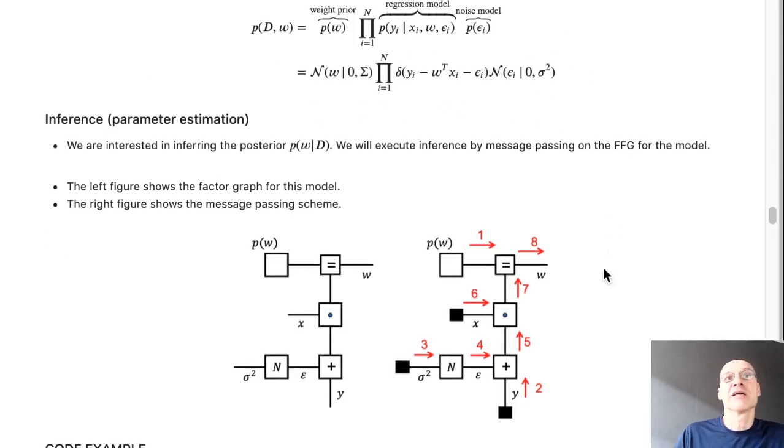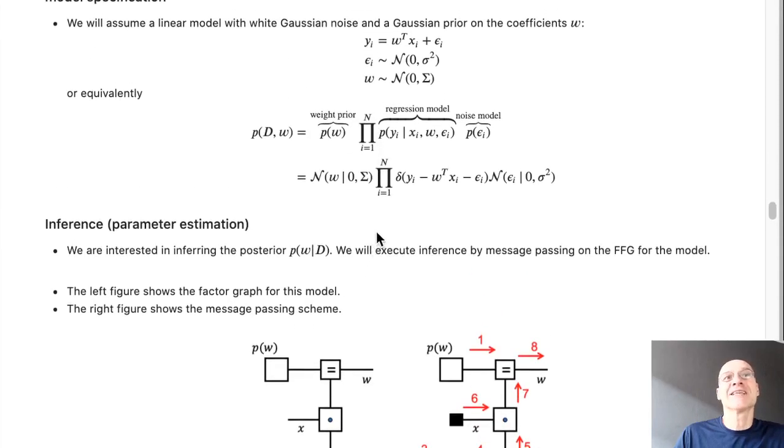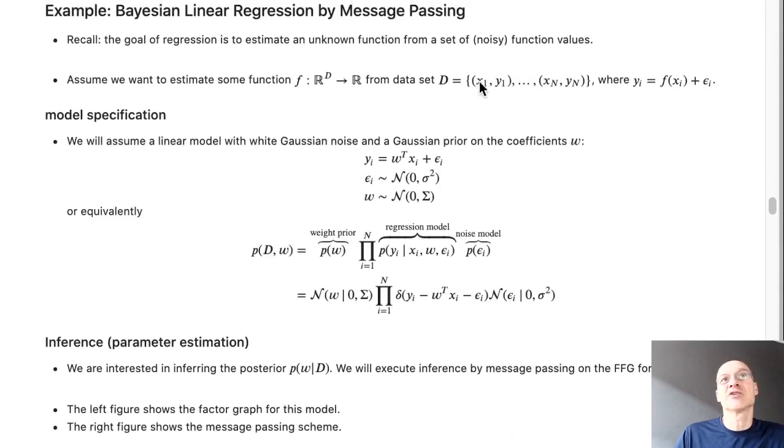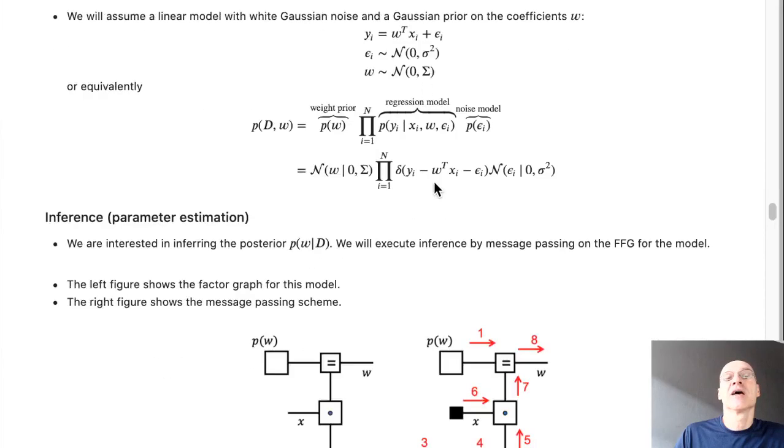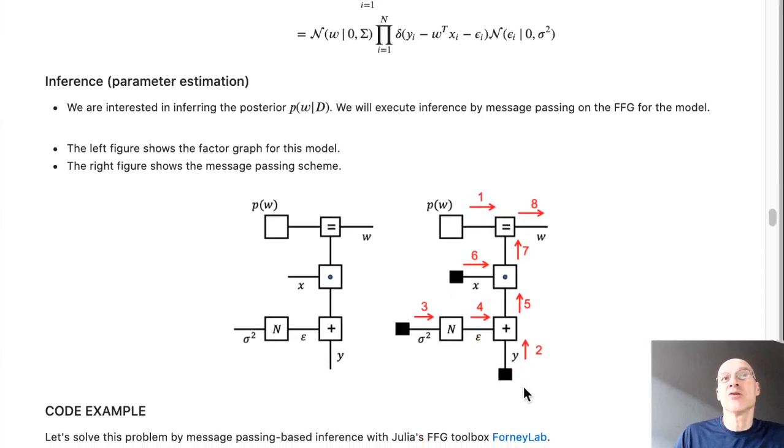And if we now observe a data set D, and D is just pairs x1, y1, x2, y2, and so forth, I can glue them onto the graph as nodes here. So here x and y, they are observed.